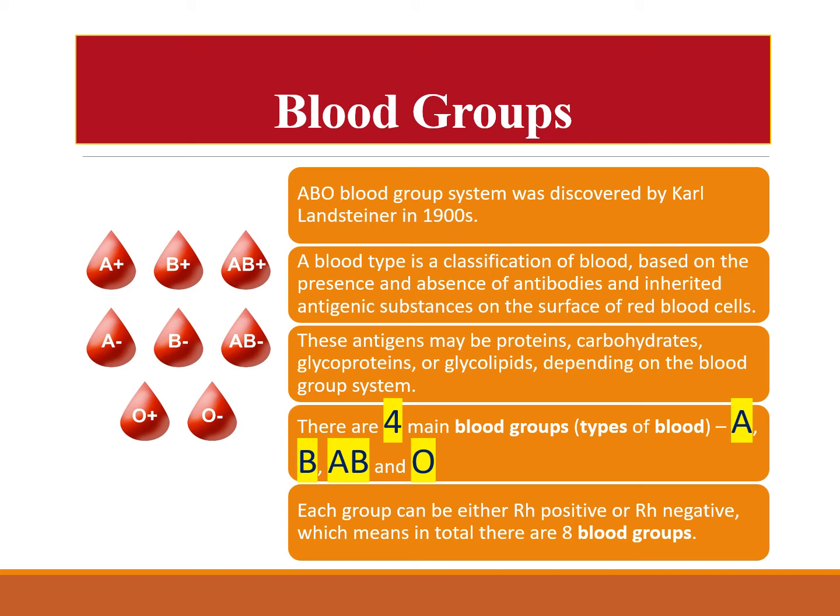These antigens may be proteins, carbohydrates, glycoproteins or glycolipids depending on the blood group system. There are four main blood groups: A, B, AB, and O. Each group can be either Rh positive or Rh negative, which means in total there are 8 blood groups.